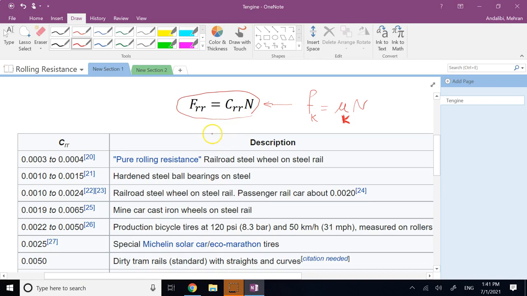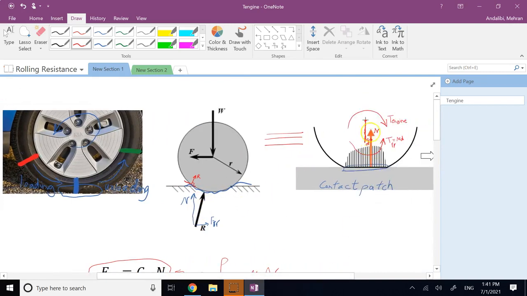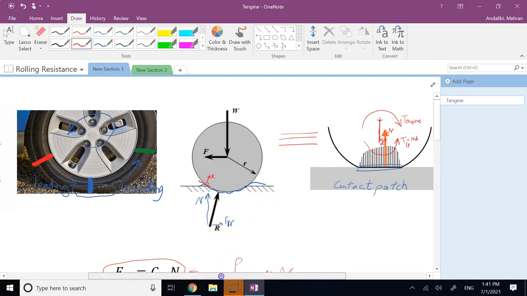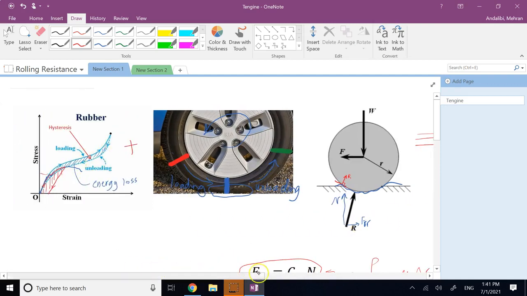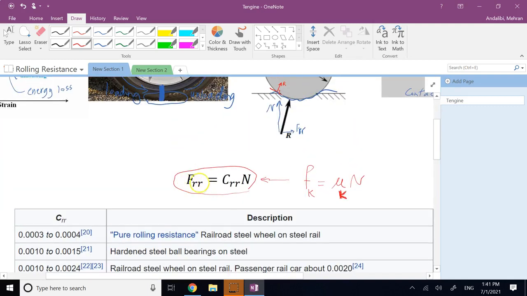The harder you push the surfaces together with a larger force, of course, the deformation is going to be more. So this normal force N, or the horizontal component of it, is bigger. The hysteresis cycle is bigger, and you're going to have a larger rolling resistance. And then the constant of that linearity, they call it the coefficient of rolling resistance, C_RR.